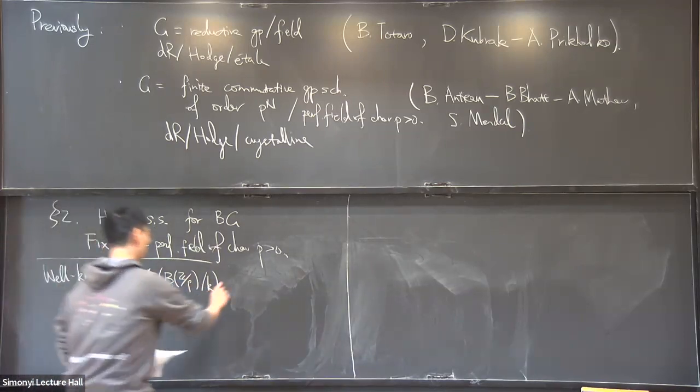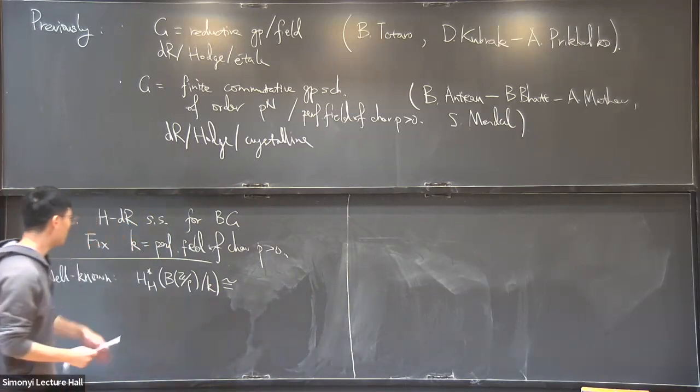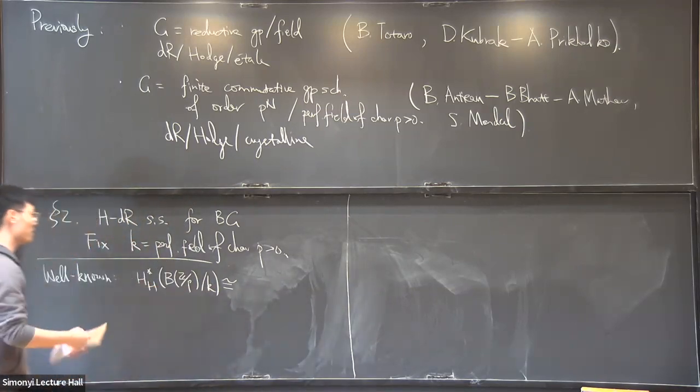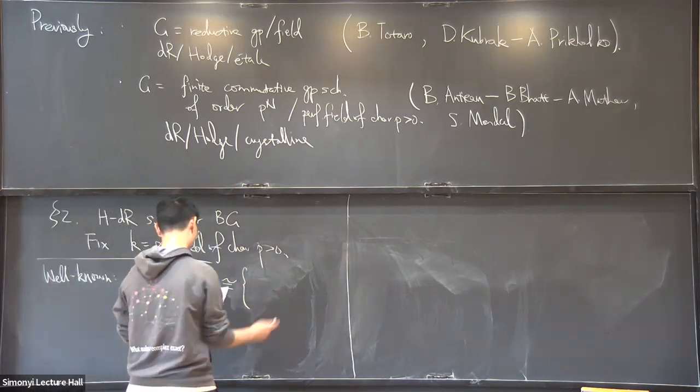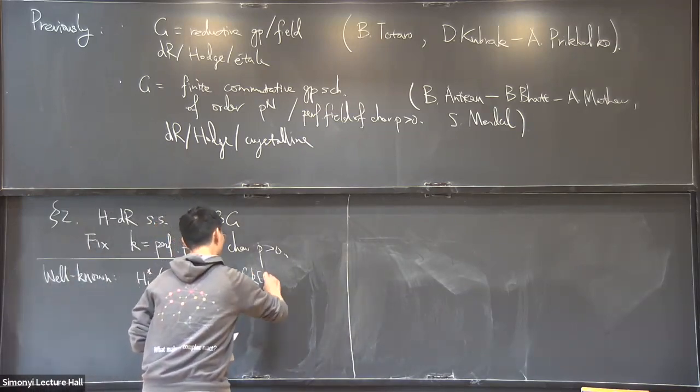And structure sheaf cohomology is just the same as group cohomology. Therefore, it's well known that the result is given by the following.